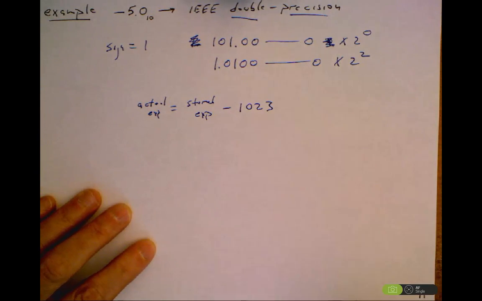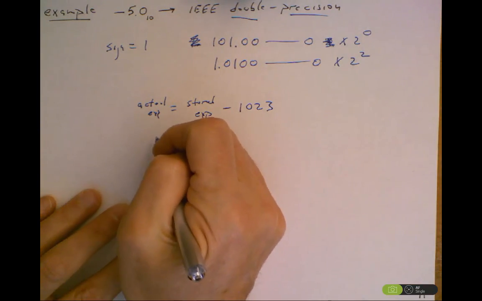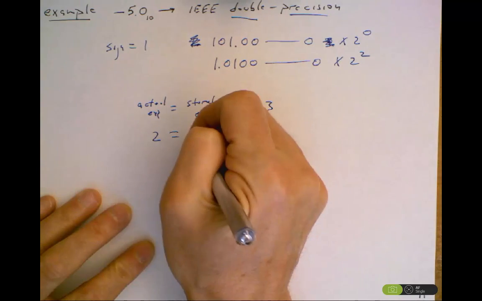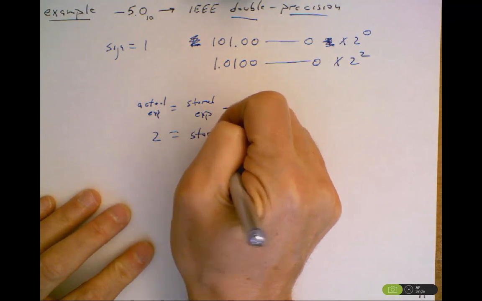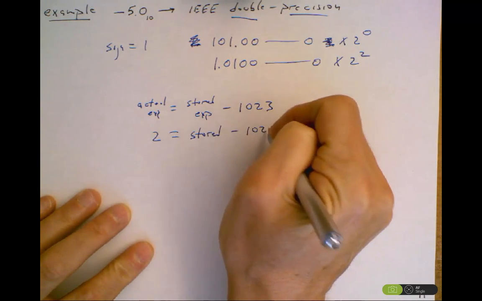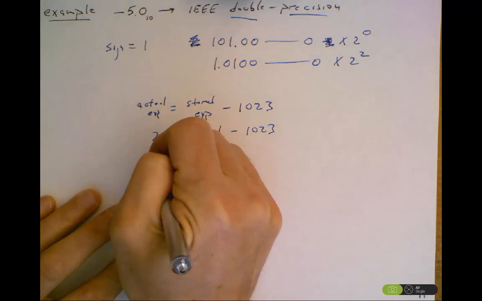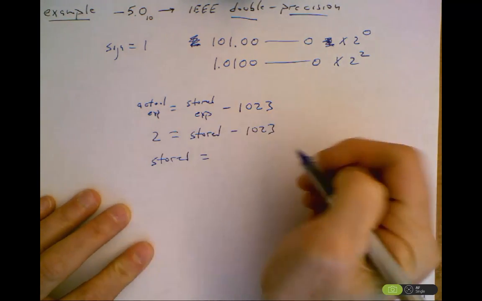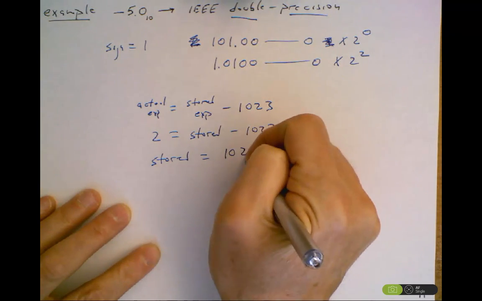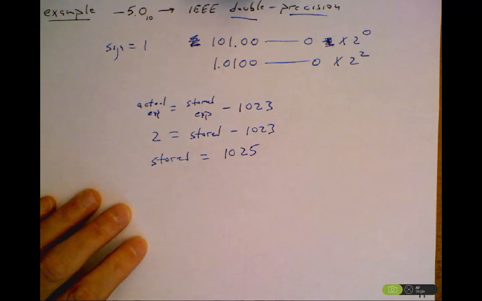In this case, I know the actual exponent needs to be 2, so the stored exponent minus 1023, the stored exponent needs to be 1025.